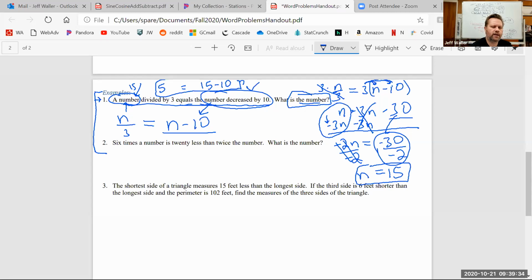You guys try to set up number 2. I know there's some of you who are done with this, but for those of us who aren't, go ahead and try to set up number 2.